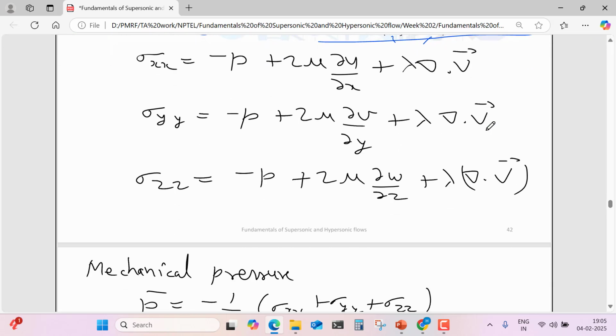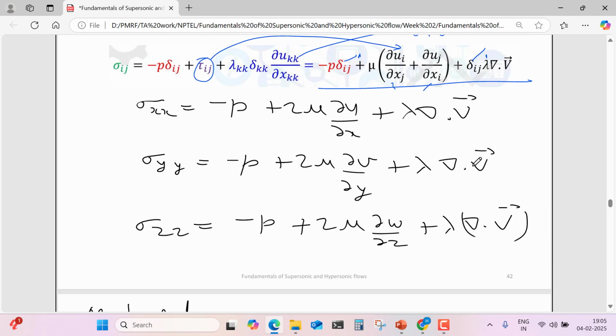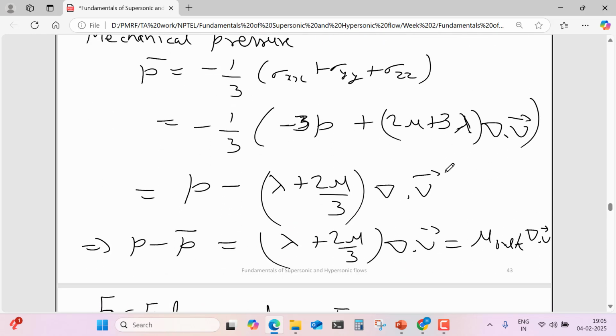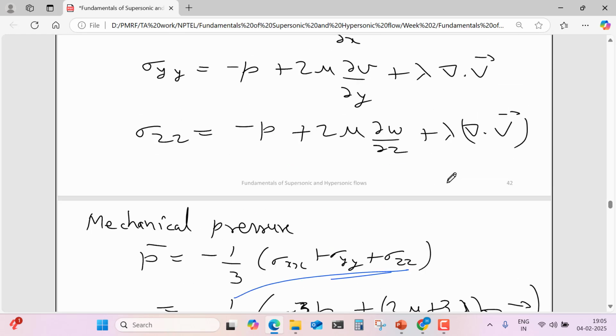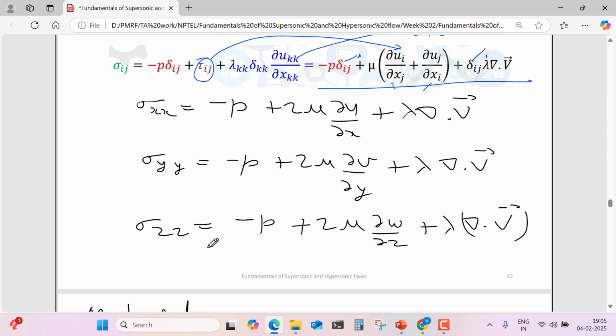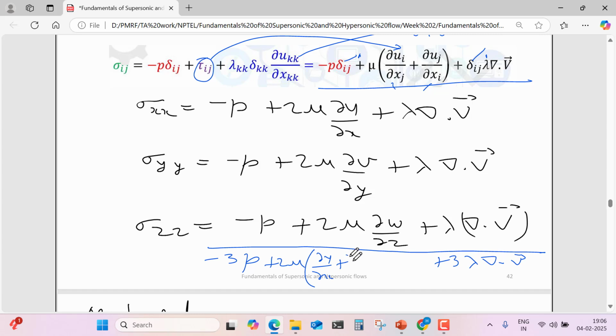Okay. So now we will see what the mechanical pressure is. Mechanical pressure is nothing but the negative of the average of all these stresses. The sum of these three stresses is minus 3p plus 2 mu plus 3 lambda times del dot v. If we take the sum of these three, this will become minus 3p, this will become 3 lambda del dot v, and this will become 2 mu times dou u by dou x plus dou v by dou y plus dou w by dou z.